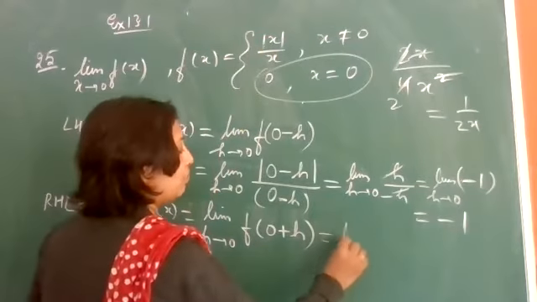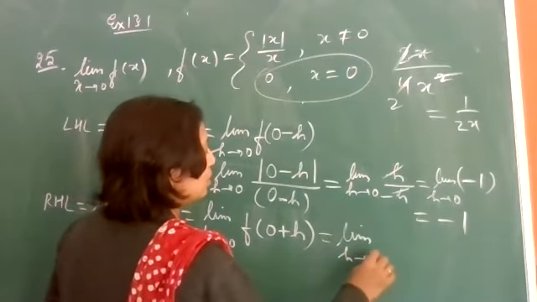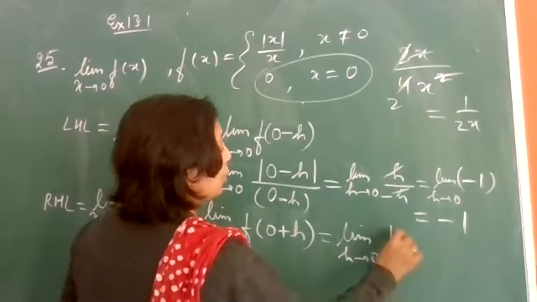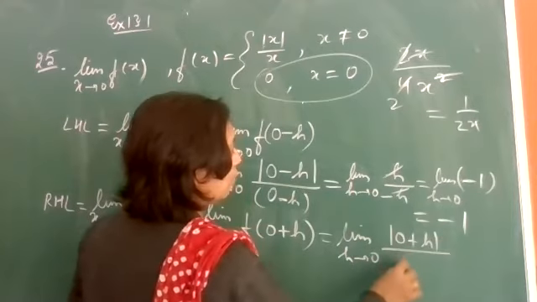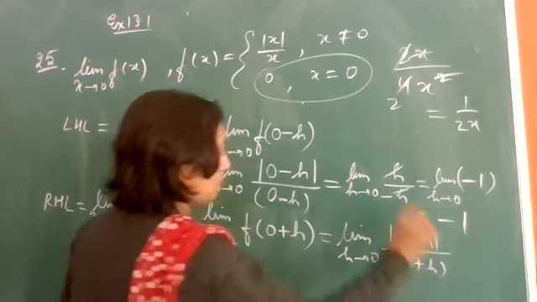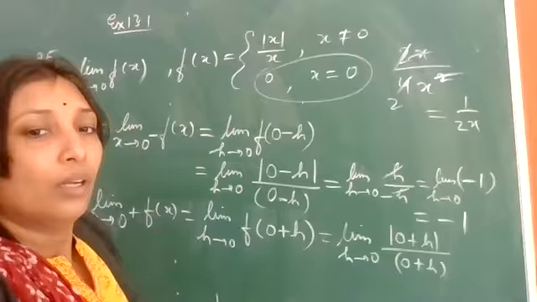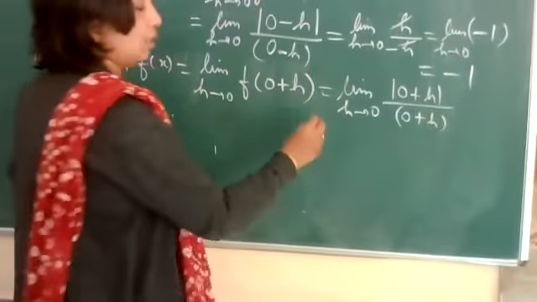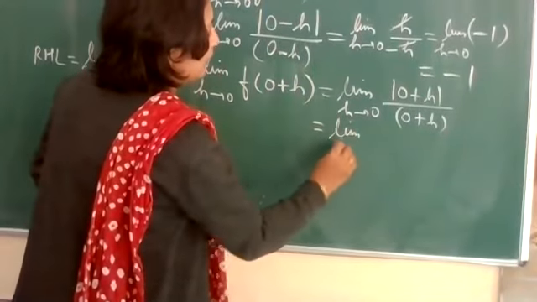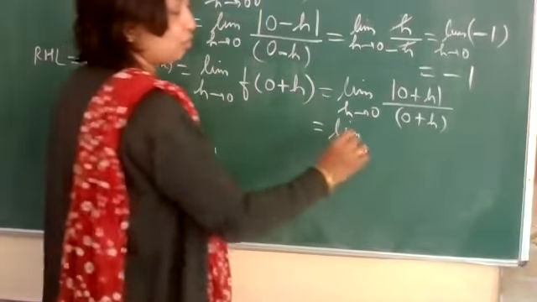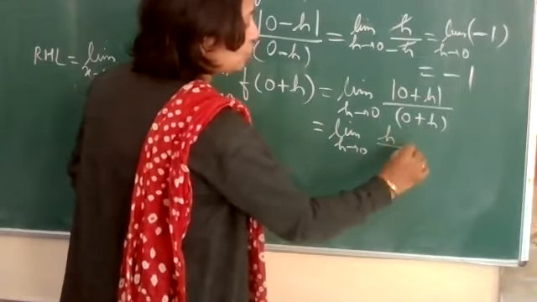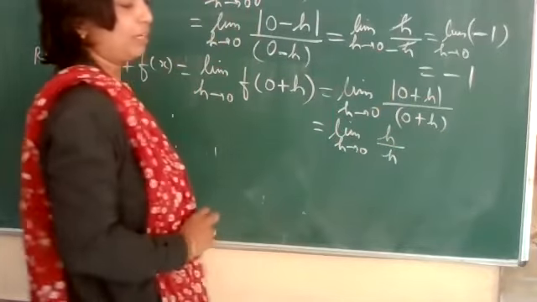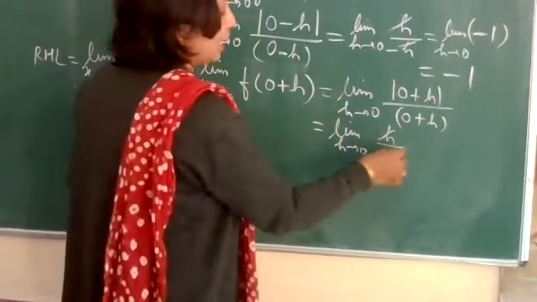So limit h tends to 0 of modulus of 0 plus h upon 0 plus h. Okay, now first of all we have to simplify this. Modulus h means h itself, and in the denominator also we have h. They will cancel out.